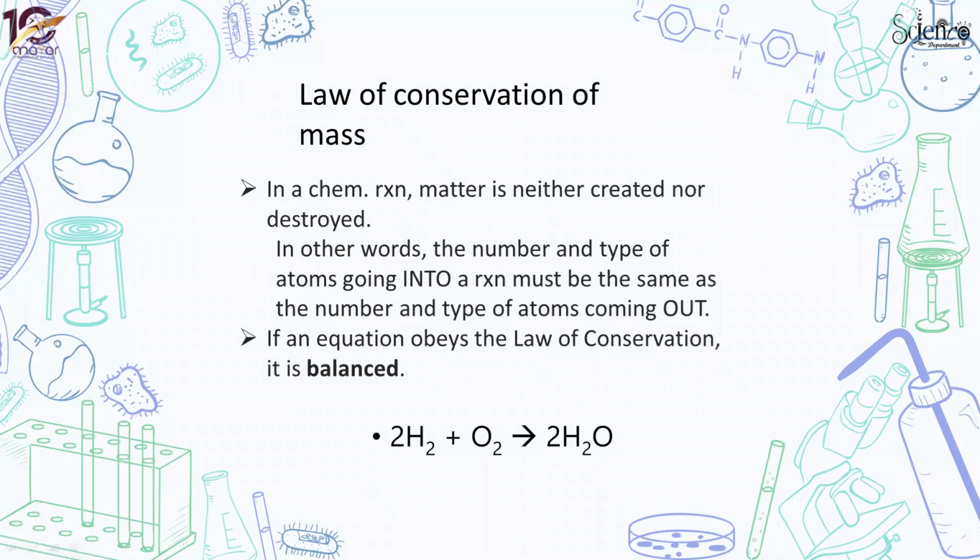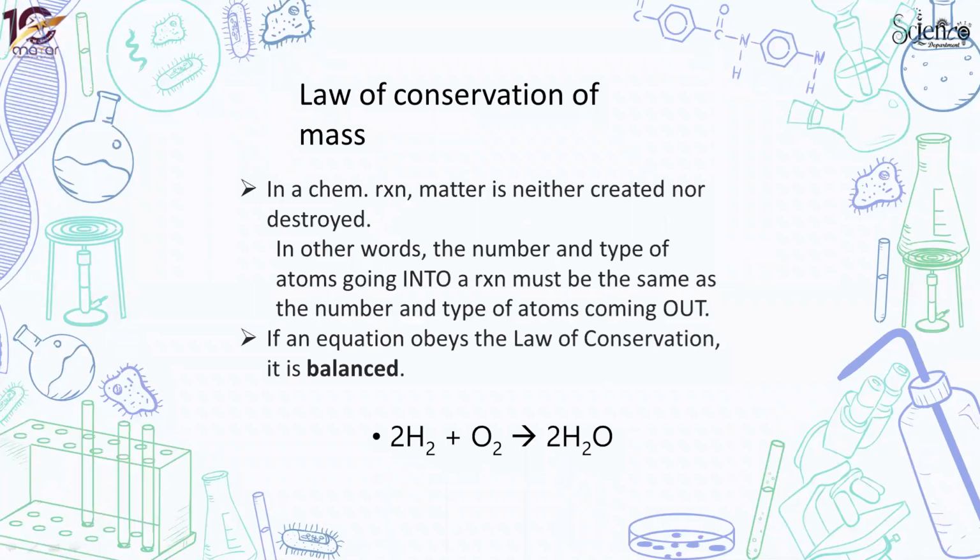So again, the law of conservation of mass states that matter is neither created nor destroyed. It means that the number of atoms and type of atoms in the reactants must be the same as in the products. In another way, you're not going to have a new element in the product if it's not found in the reactant, okay?